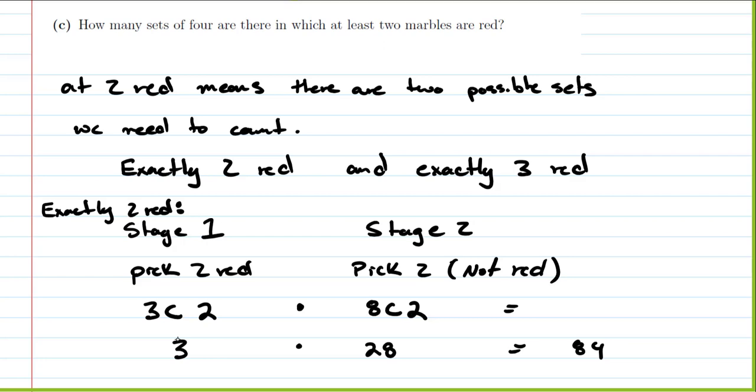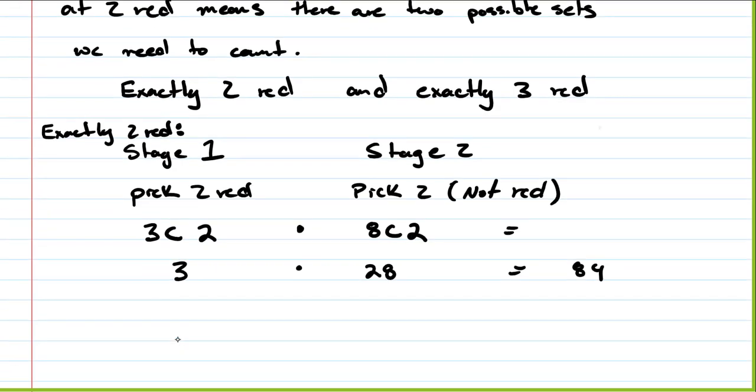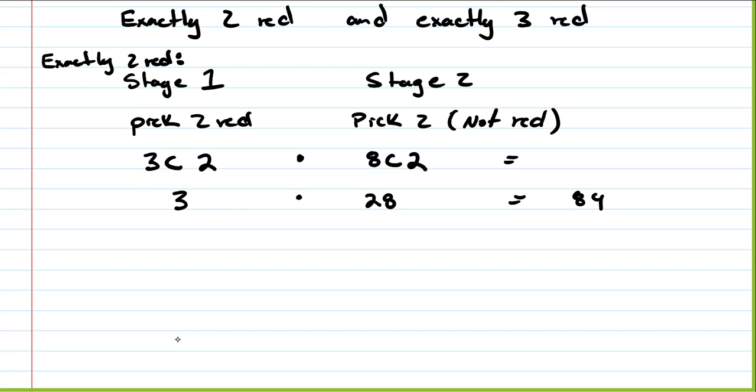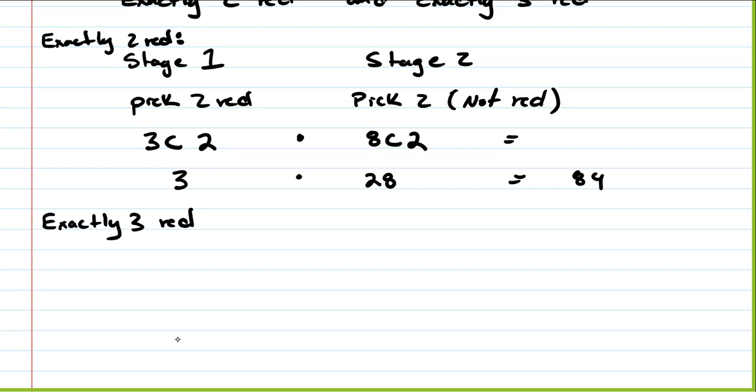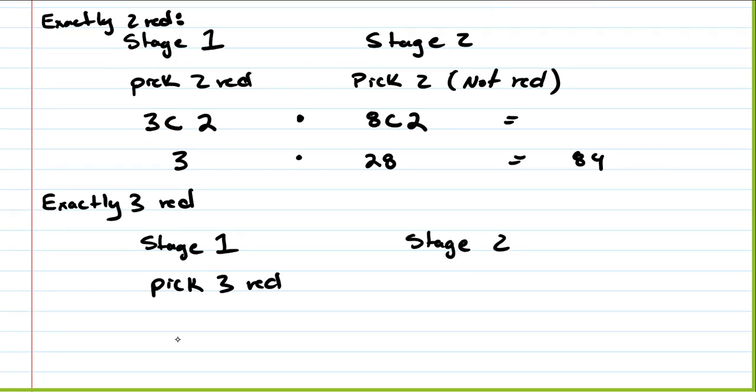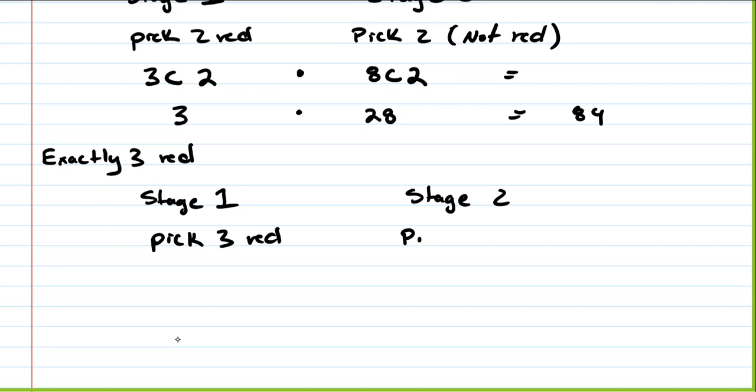So that was to pick exactly 2, but we now need to calculate, well, how can we pick exactly 3 red? Well, if that's the case, we only have 3 red marbles, so our stage 1 this time is we're going to pick 3 red, and our stage 2 is we're going to pick 1 not red.